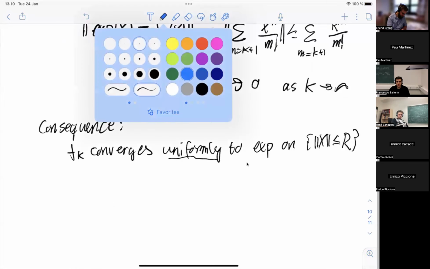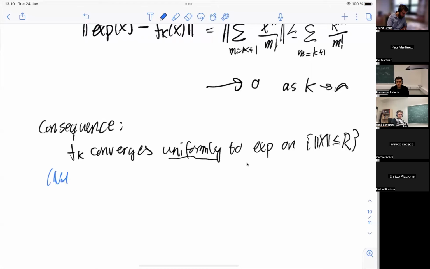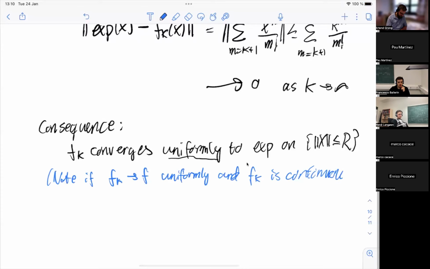So let me just write this up here. Note: if f_k converges to f uniformly, and f_k is continuous, then f is also continuous.